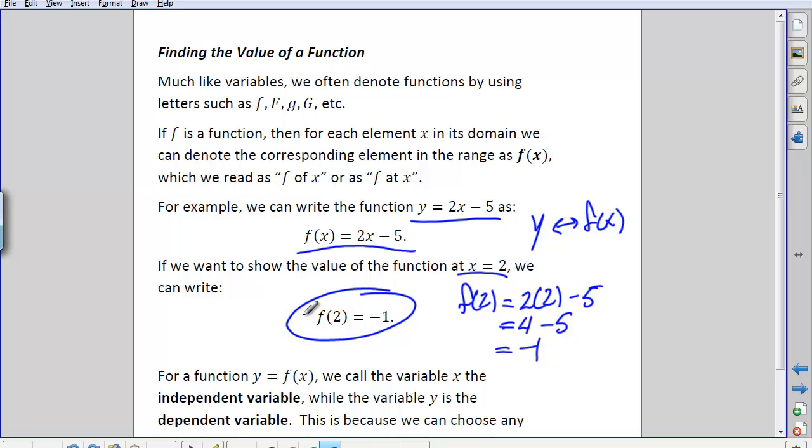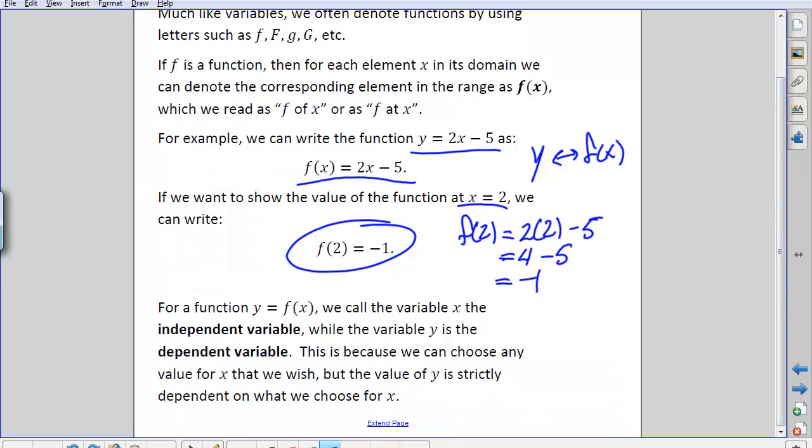So that's why we say f of 2 here is equal to negative 1. We call that function notation. We're going to use that a lot as we look at different functions. And we already talked about this earlier, but for some function y equals f of x, x is the independent variable, y is the dependent variable.